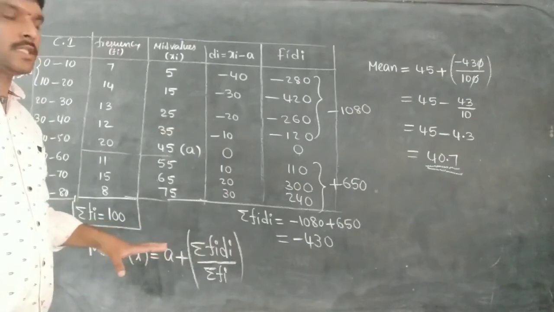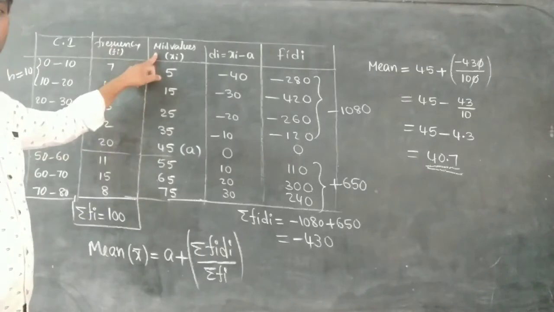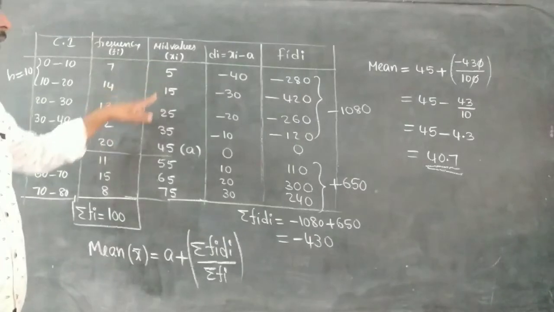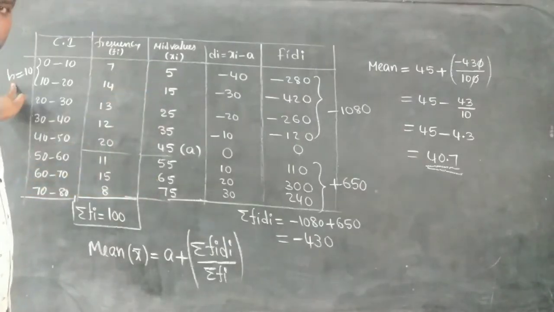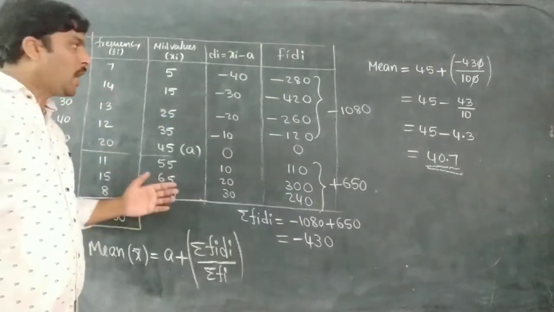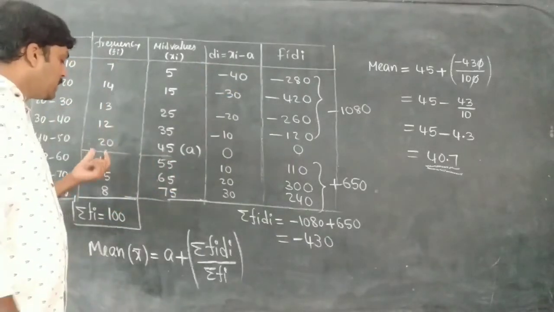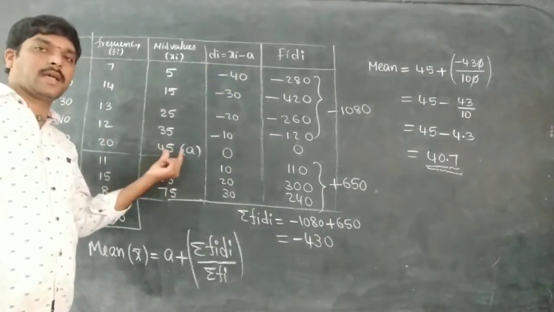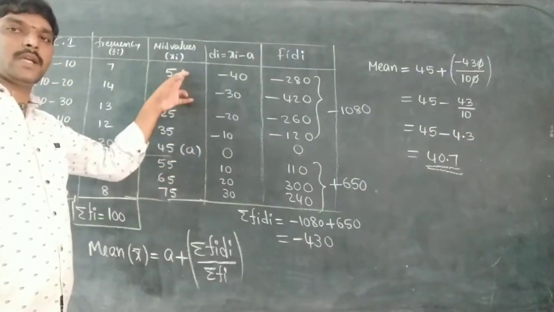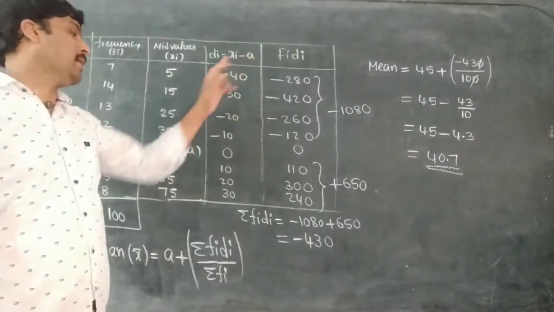It won't be changed. Once again, class intervals and frequencies are given. Mid values: how to find, 0 plus 10 by 2, 10 plus 20 by 2, like that I did. The h value is 10. Then h is added to the preceding mid value, and you get the next mid values. After that, di is equal to xi minus a. In the frequencies, the highest one's mid value is taken as a. Anywhere you can take as a. Don't worry. So now 45 minus 45 is 0, because xi minus a.